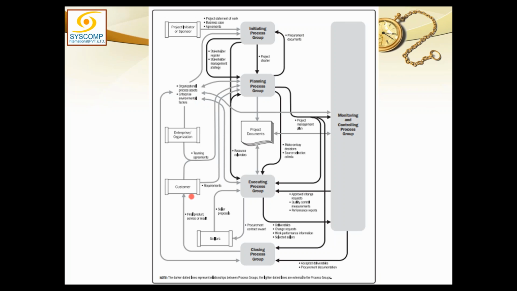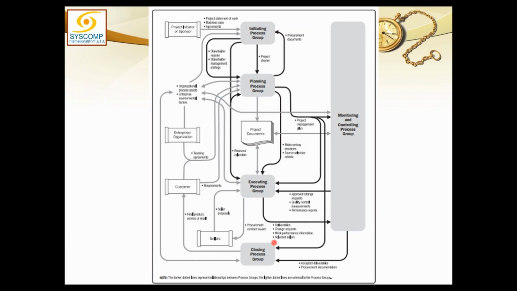Then we have a box for customer. We are getting requirements from the customer in planning, and customer and our organization have some teaming agreements which are also required by us in planning. Then we have seller, that is our subcontractor. He will submit the bids and we will accept one of the many sellers and award him the contract.